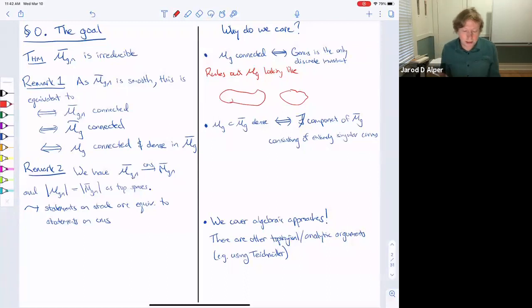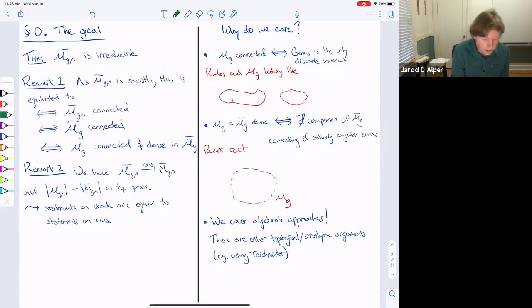And the second statement, so that's on the connectedness of M_g. The fact that M_g is dense in M_g bar is the statement that there's no component of M_g bar consisting entirely of singular curves. So it rules out having a boundary here, and then perhaps an entire component consisting of singular curves.